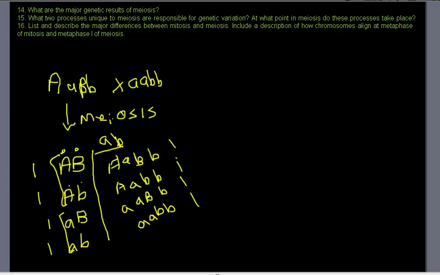And so the question is, what are the products of meiosis, or what are the major genetic results of meiosis? And they're gametes that are like this.